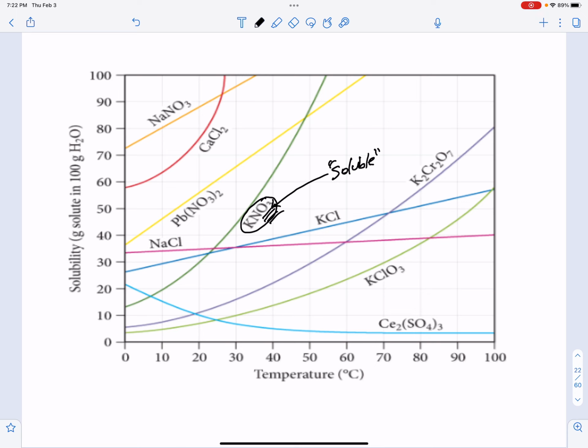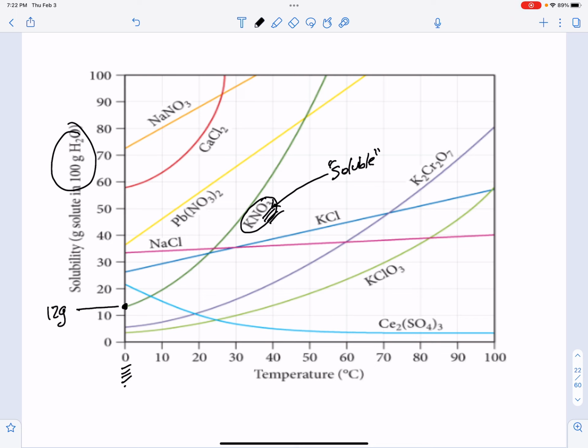For example, if the temperature happens to be 0, you can dissolve up to about 12 grams of potassium nitrate in 100 grams of water.